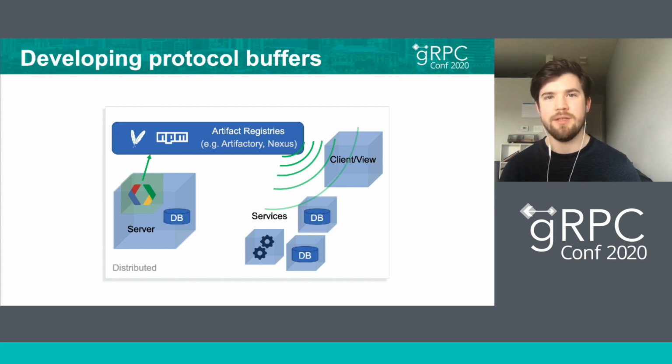And then that's probably generating some artifacts and sending them into some internal registry like npm or Maven, and in whatever implementation of that, whether it's like Artifactory or Nexus. And then that's how we're getting them into the other services. We're passing them through via the generated code.